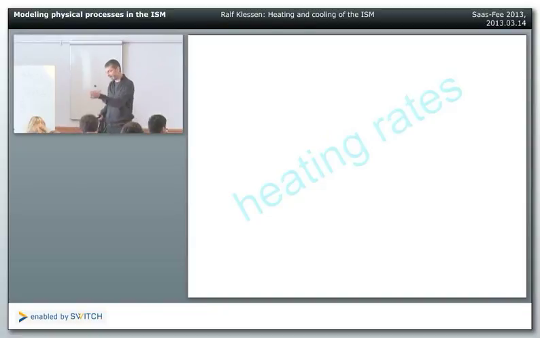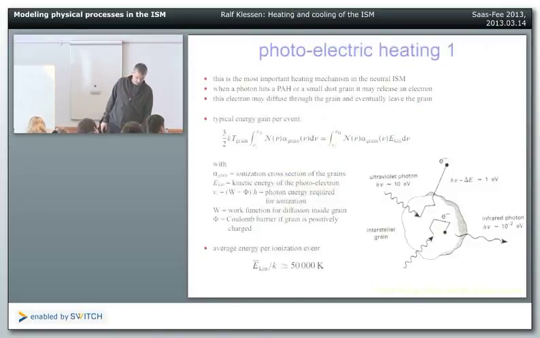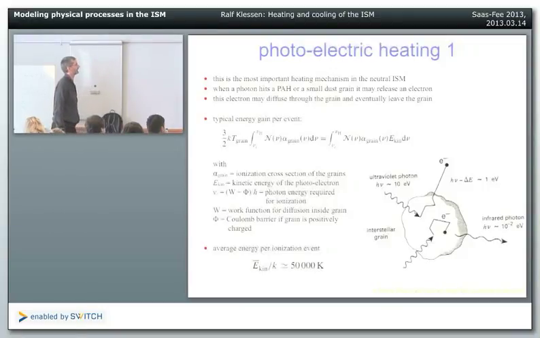So thermal balance would be incomplete if we just cool the gas. We also need to heat the gas. And by far the most important heating mechanism is photoelectric heating on dust. So what happens is you have your dust grain, a photon comes along, the dust gets stunned, emits an electron, the electron carries some of this energy, collides with gas particles and gives some of this energy to the gas.